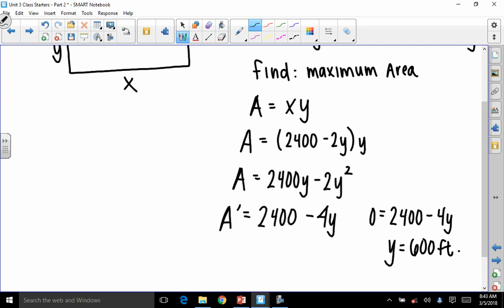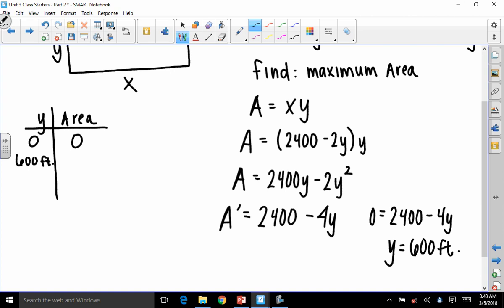All right, so if we think about our extreme value theorem, our only critical number is that y is 600 feet. He could use all the fencing on the sides and not any on this side, right? But then is he actually enclosing any area? No, right? So if he uses all the fence for x, then there's no fence left for y.